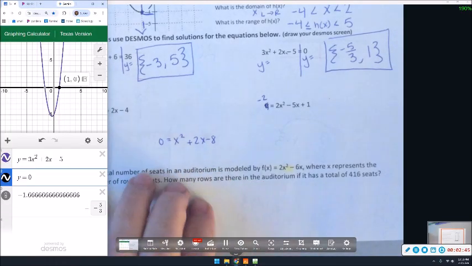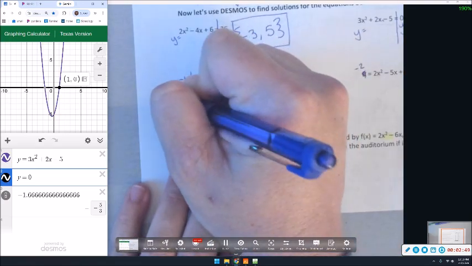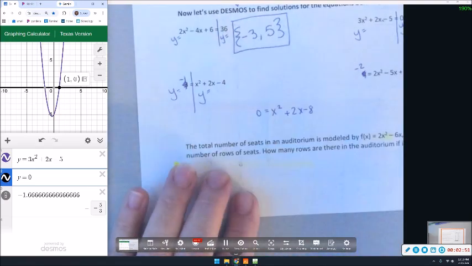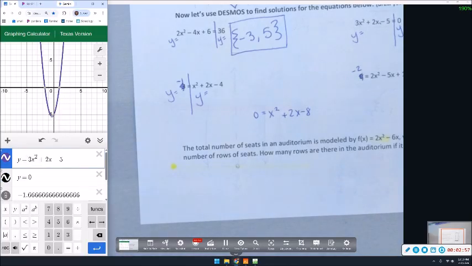Okay. This one, again, y equals. I want y'all typing it in. Ready to go. Everybody should be typing it in.